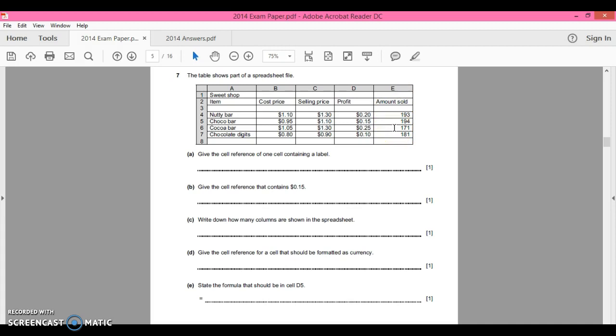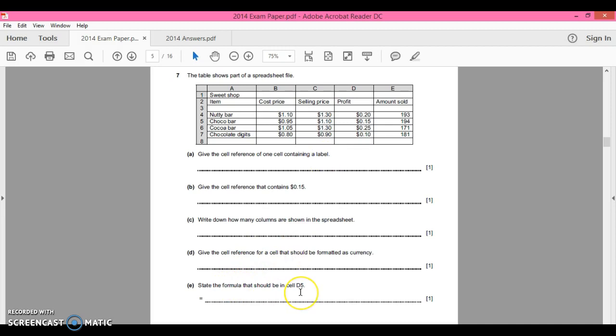Anything to do with cost, selling, profit, revenue is money. So it's the way they've worded these. If you give the cell reference for any of these cells here, you would get a mark. Now it says it should be formatted as currency. They are formatted as currency anyway.